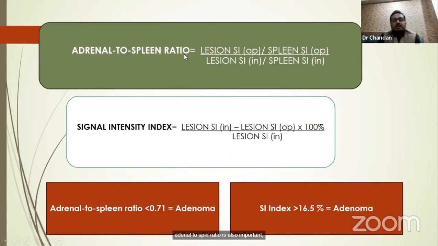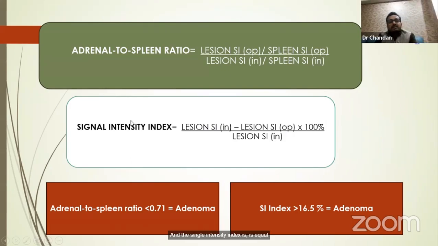So the adrenal-to-spleen ratio is also important. It should be remembered, and practice to remember this, just like the absolute percentage washout and the relative percentage washout. The adrenal-to-spleen ratio is the lesion signal intensity in opposed phase divided by the spleen signal intensity in opposed phase, and the whole divided by the lesion signal intensity in phase divided by the spleen signal intensity in phase.